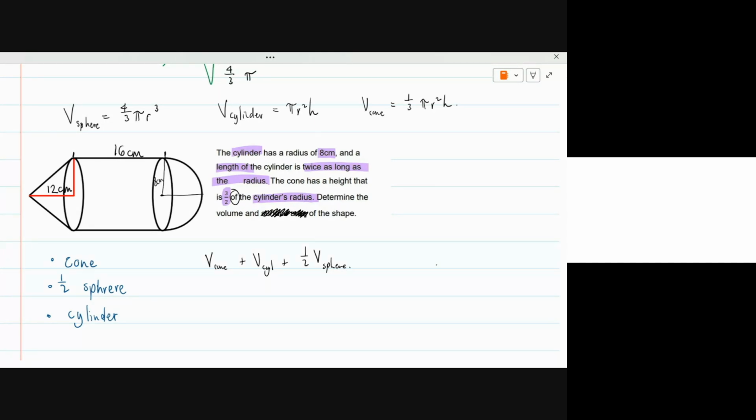The volume of my cone will be 1/3 pi times the radius, and they all have the same radius, so 8 squared multiplied by 12, plus the volume of the cylinder, which is pi times 8 squared multiplied by 16, plus half of 4/3 pi times the radius, which is 8 cubed. All we need to do is punch that into your calculator. Sanela, what did you get?